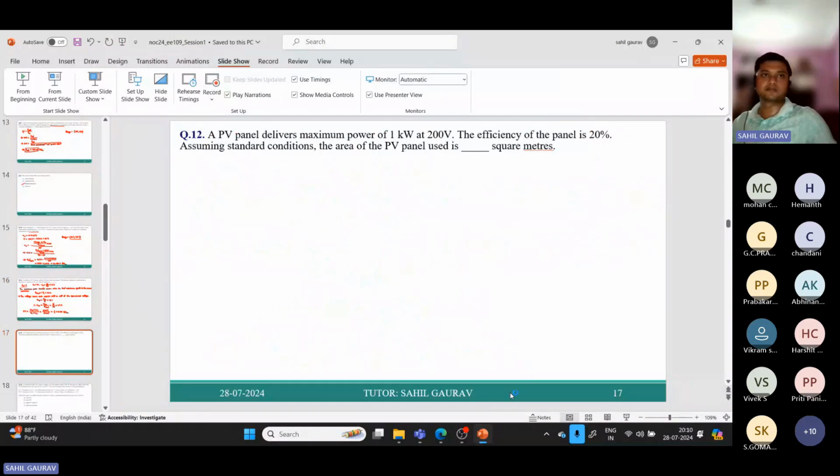Coming to the next problem, that is question number 12. In this problem, a PV panel delivers maximum power of 1 kilowatt at 200 volt. The efficiency of the panel is 20%, assuming standard conditions. The area of the PV panel used is, you have to give the answer in square meters.